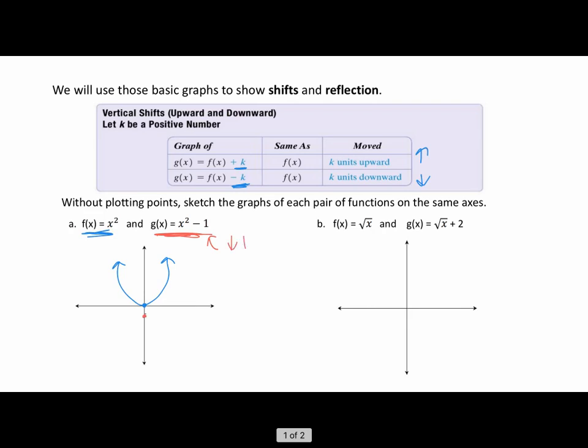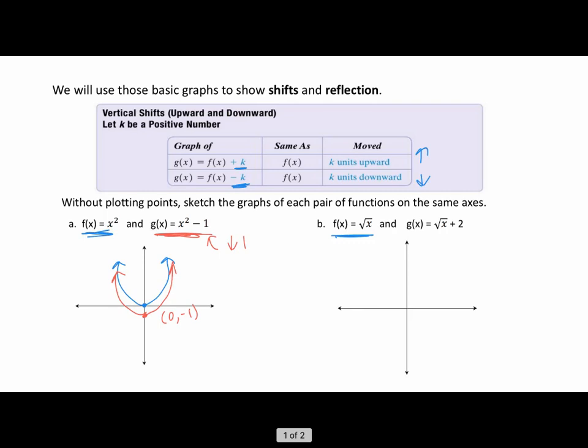So instead of going through the origin, we're going to go through 0, negative 1. We're going to go down 1 unit, but we're going to have the same shape. And if you need another point, you could just evaluate that function at another point, so you can get another point for your homework for the MyMathLab program.